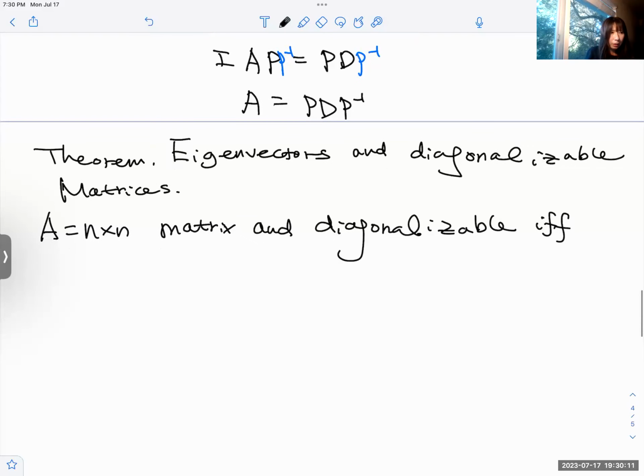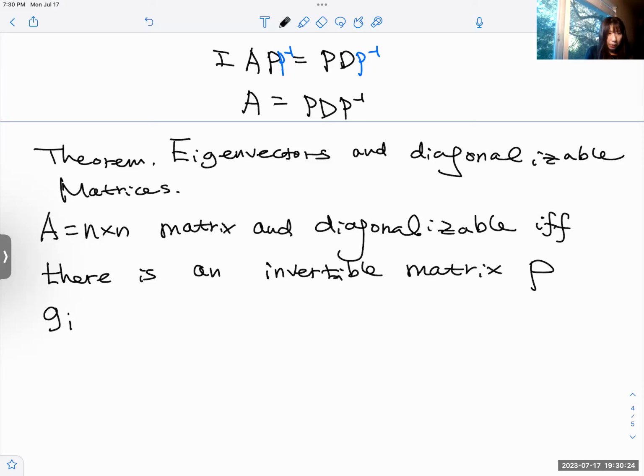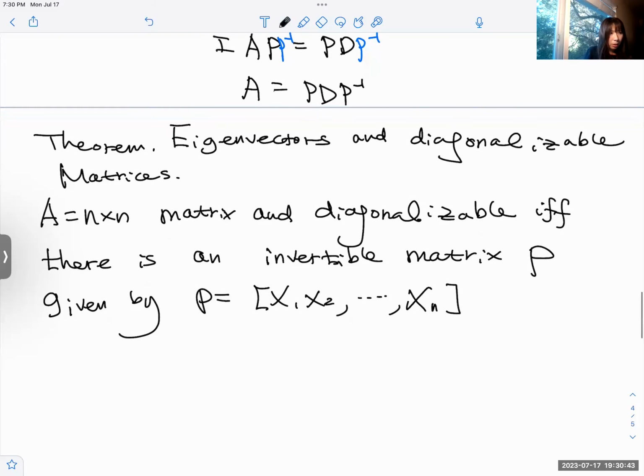If and only if there is an invertible matrix P given by P equal to x sub 1, x sub 2, up to x sub n, where P is eigenvectors, all right?